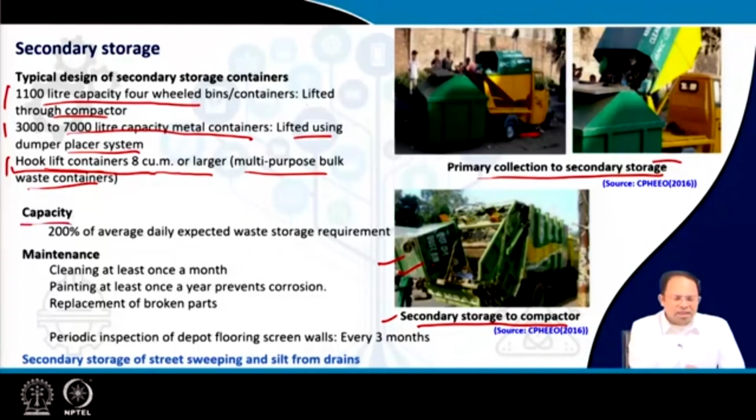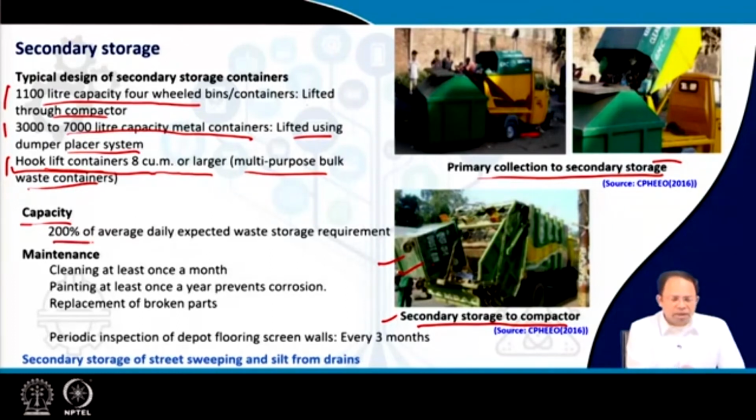So in case of secondary storage, earlier we were talking about 100% spare capacity because it was a residential area or a bulk generator, so it's fine. But in case of secondary storage, where waste from many areas comes, the chance of more waste being stored is higher, right? In case of some area, waste is not collected, so we need to have more excess capacity.